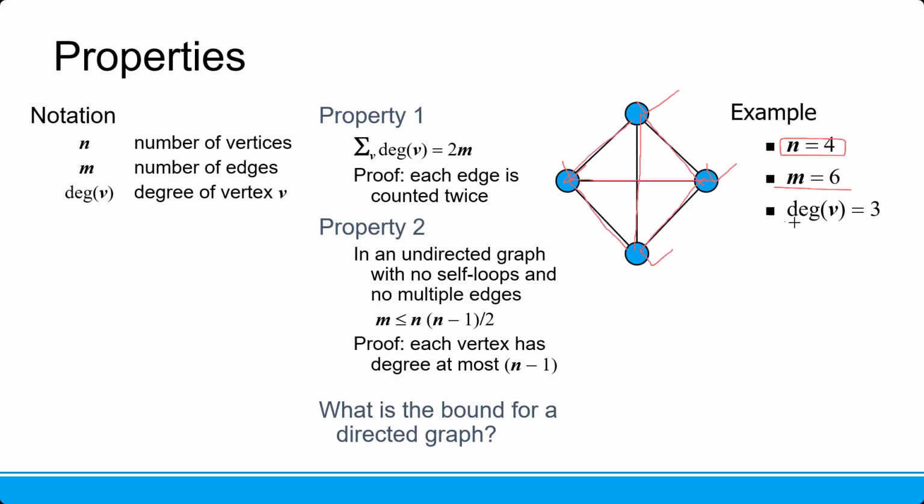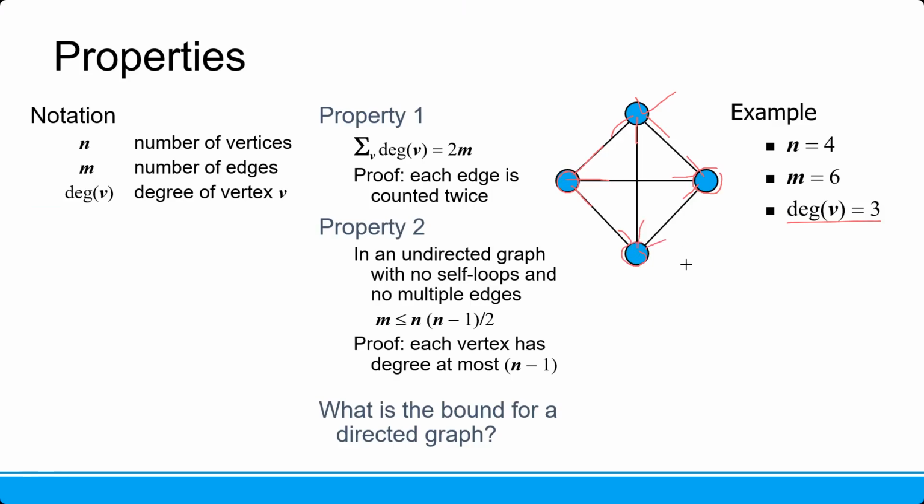Now, the degree of V equals 3. When we have one vertex, there will be 1, 2, 3 different edges. So that's why the degree is 3. What about this one? We have 1, 2, 3. What about this vertex? We have 1, 2, 3. And this vertex, we have 1, 2, 3.